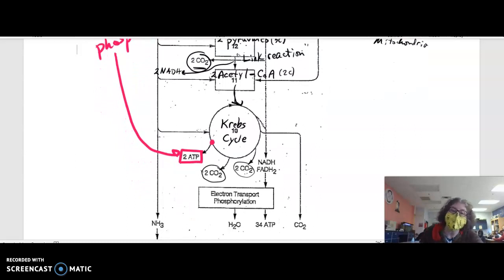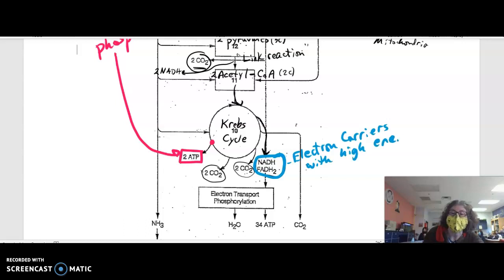Okay, the other thing that happens, the most important thing really that happens during the Krebs cycle, is you get these things. These things are very, very lucrative, right? The NADHs and the FADHs are electron carriers with high energy electrons that came from food molecules.